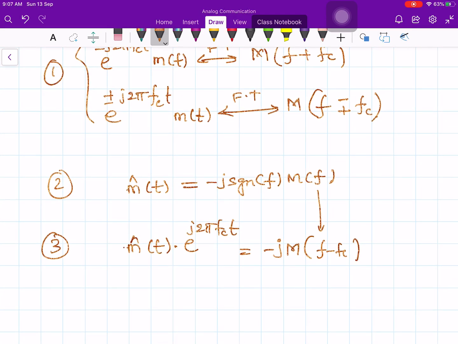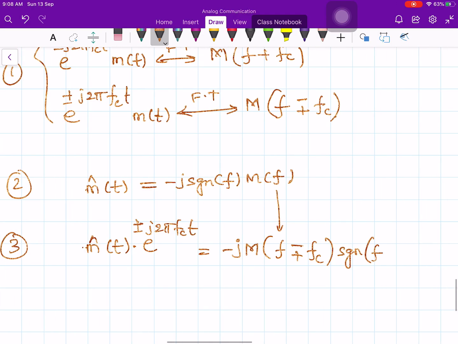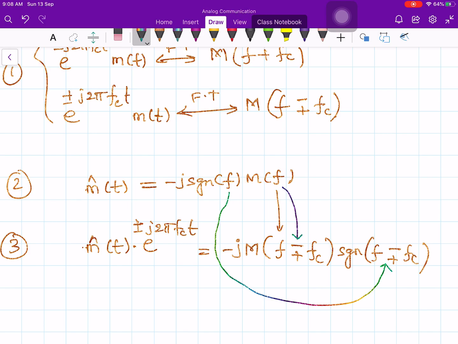Let me put a plus or minus here. Then it becomes minus or plus fc, then signum of f minus or plus fc. So this f becomes shifted by minus or plus fc. Recall these three properties. We keep these three basic results in mind.